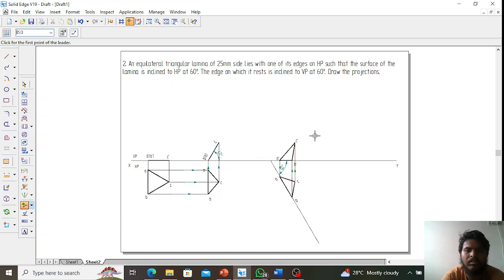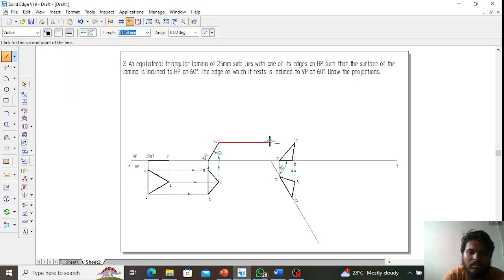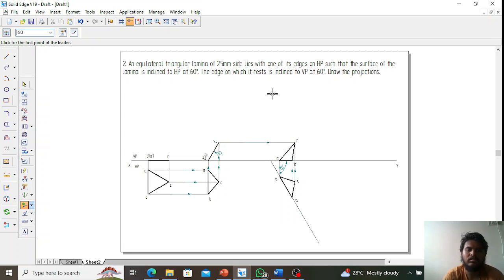Okay, if we want we can join these lines also. So select 0.13, done. Similarly show the leader from here to there. This question is also completed.